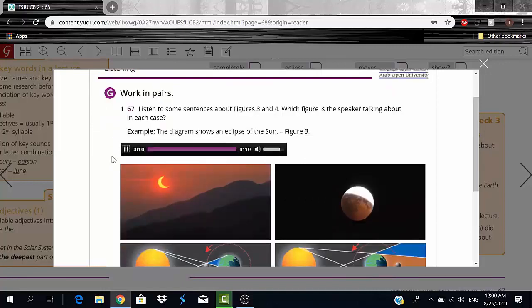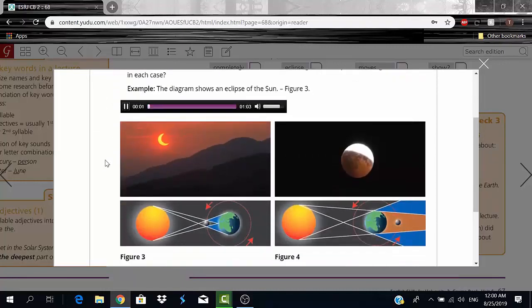Have a listen. 67. Exercise G. Listen to some sentences about figures 3 and 4. Which figure is the speaker talking about in each case? 1, The diagram shows an eclipse of the sun. Figure 3. 2, The diagram shows an eclipse of the moon.